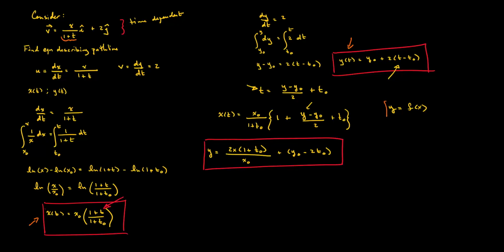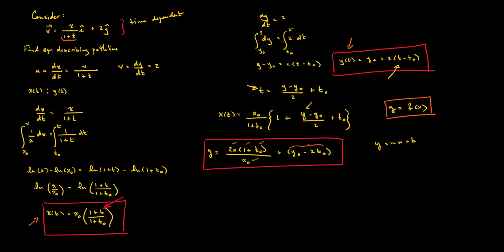But once we put it into a form that is familiar to us, we can see that this is just the path described by a straight line. So t naught is a constant, 1 is a constant, x naught is a constant, and 2 is a constant. And this entire bracketed term here is a constant as well. So this is just in your very familiar high school form of y is equal to mx plus b.